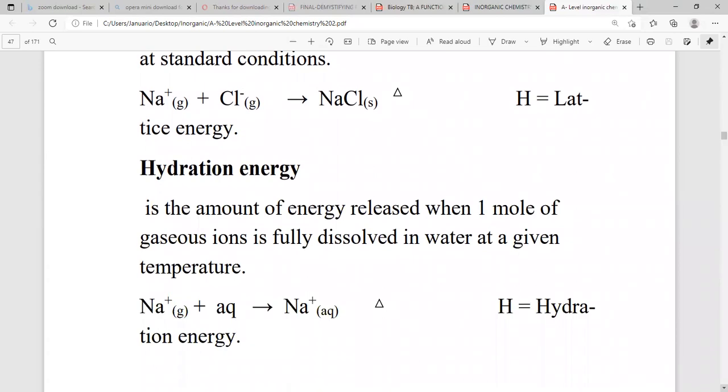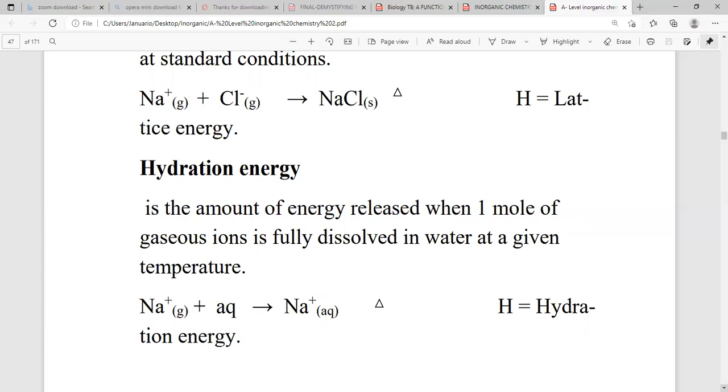Now, the ionic salt has already been dissociated into its constituent gaseous ions. Then you expect the concept of hydration energy, which is the amount of energy released when 1 mole of gaseous ions is fully dissolved in water at a given temperature.